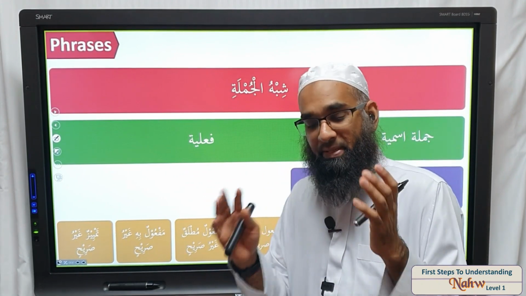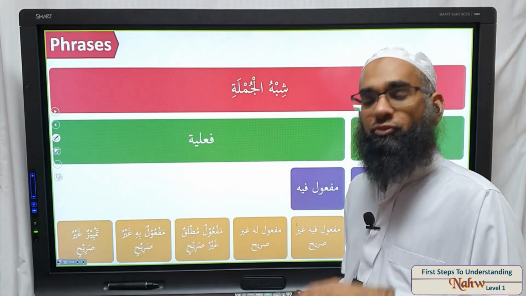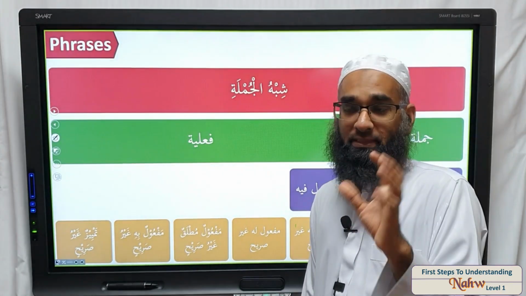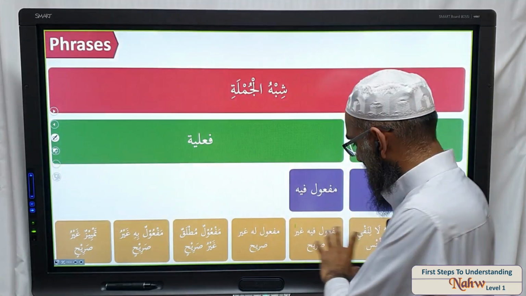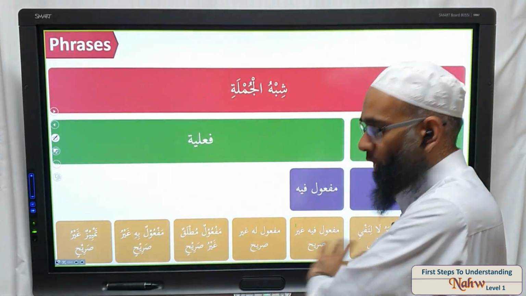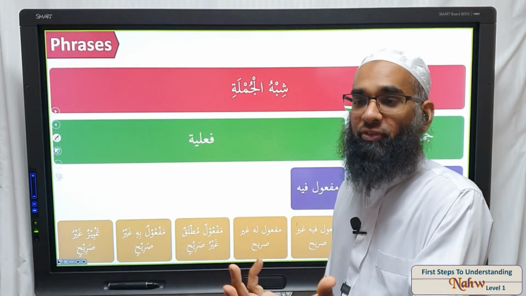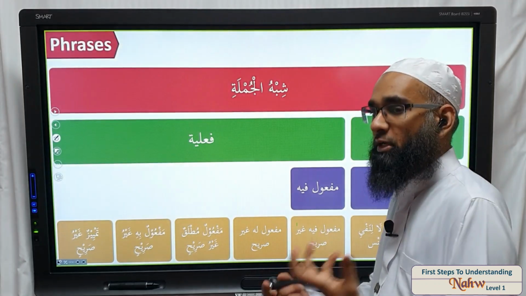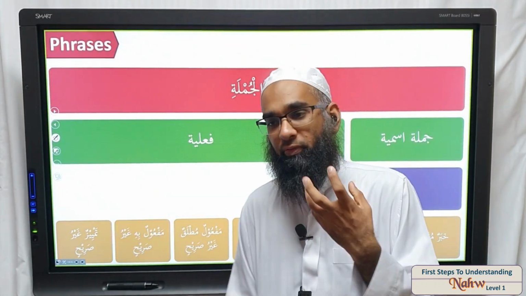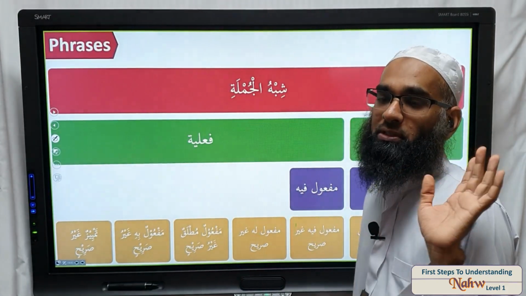Sometimes it might be difficult to put into one of these 1, 2, 3, 4, 5 slots. If you're struggling, then it's nothing to panic about. It needs a lot of experience. So sometimes you can get it easily, that yes, I know what it is. If you're struggling, that I don't know which maf'ul slot it fits in, especially the maf'ul ghayr sarih slot, because I said the huruf al-jarr are very technical and have a lot of deeper meaning to them, then just say maf'ulun ghayr sarih.